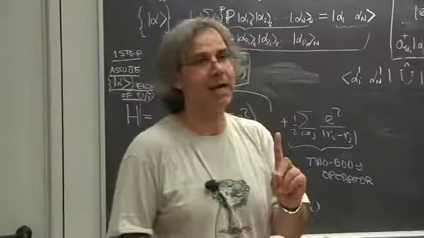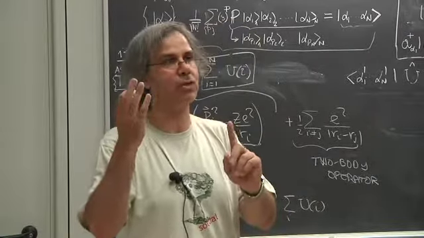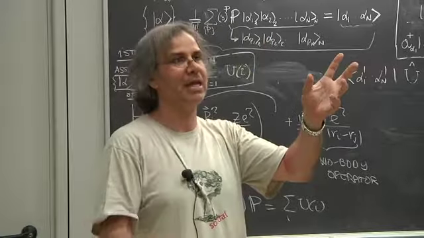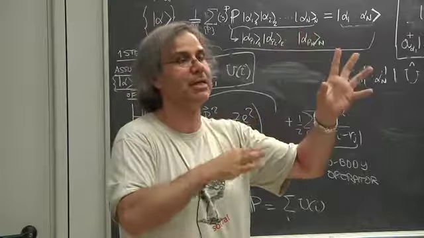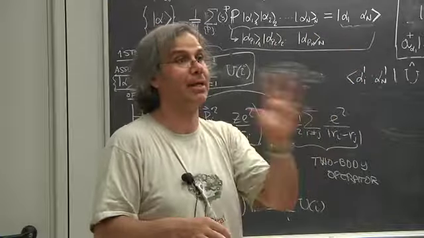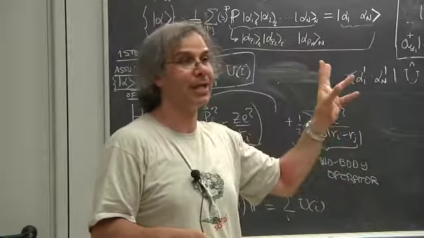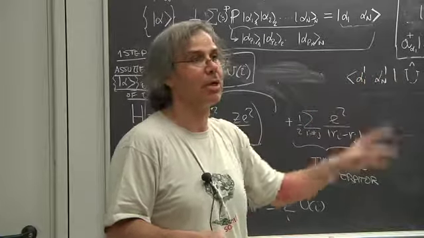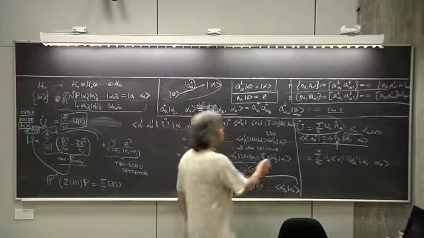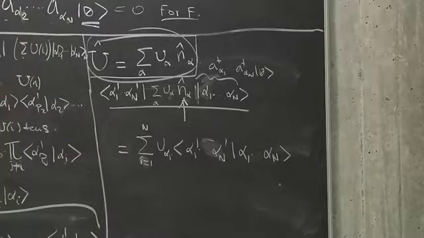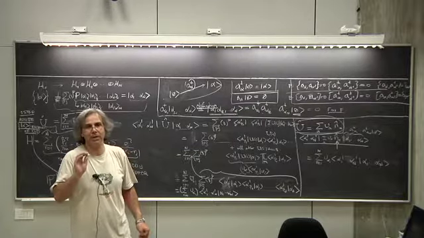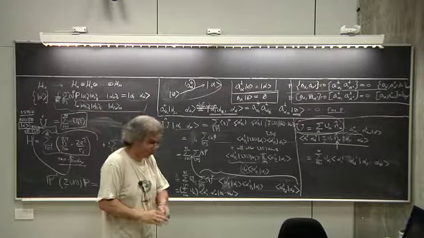We said last time if I have a certain basis with creation operator A dagger alpha, and I have another basis with another set of creation operators, then I can change from one to the other. That's the second step I'm going to do. I'm going to take this very particular basis and transform to an arbitrary basis, and there will come the general form of the operator. So this is the second step.